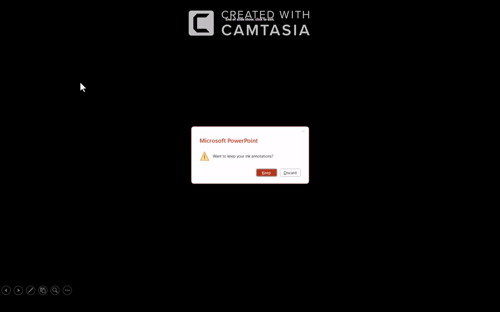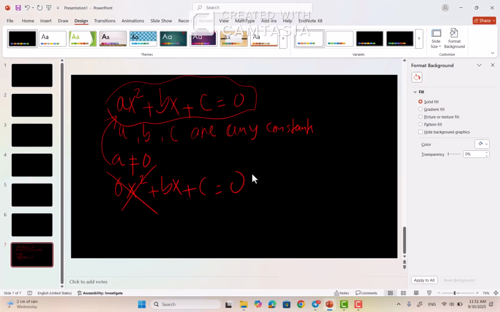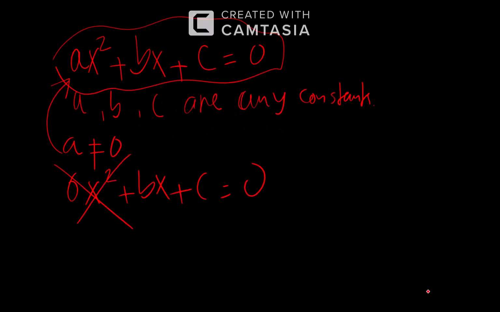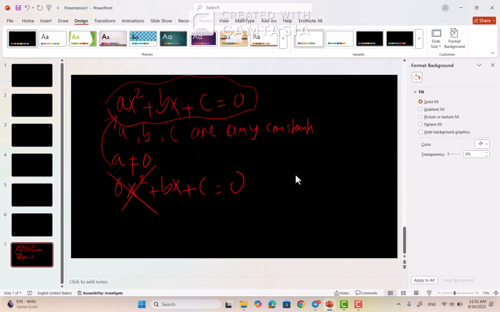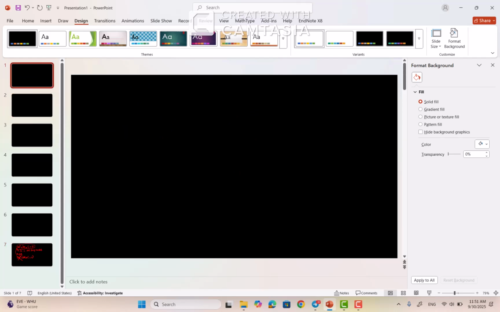But today I would like to show you several methods to solve this equation. The first method we call factoring, and the second method we call completing the square.